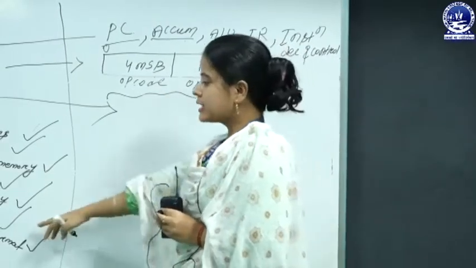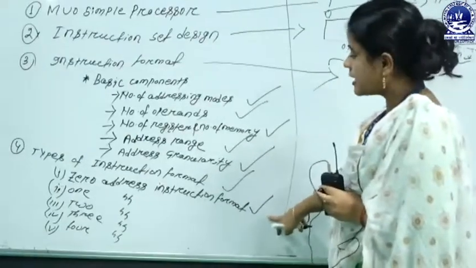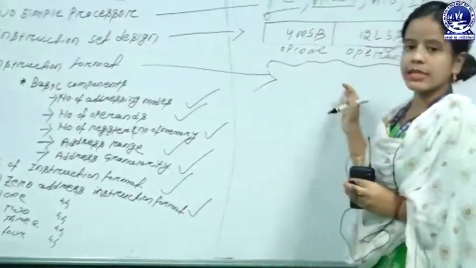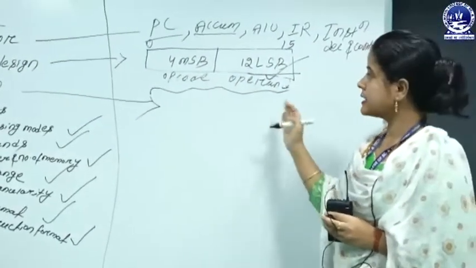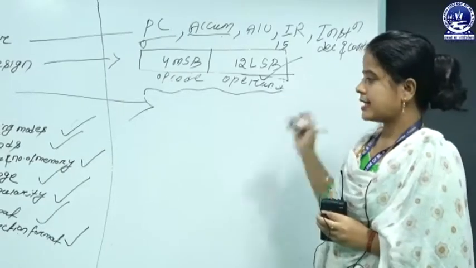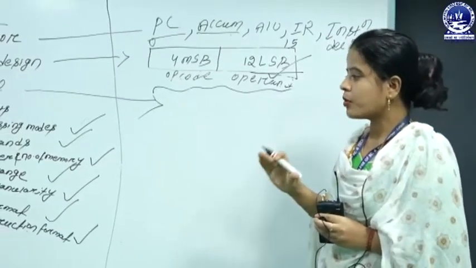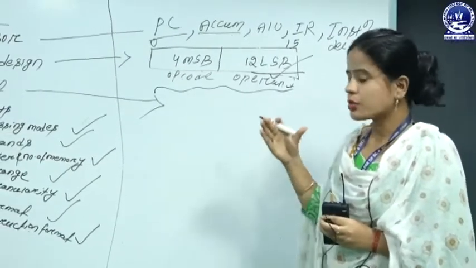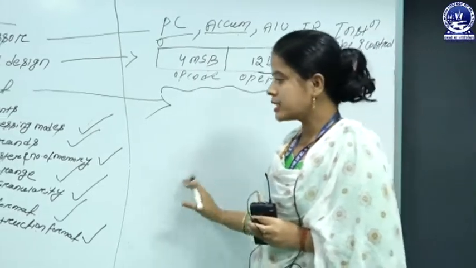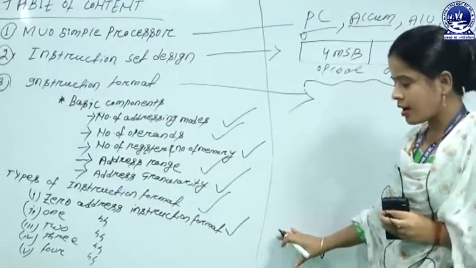So generally the zero address instruction format is used in stack based computer systems where there is no address field assigned. Now let's take an example of how different jobs are executed by using zero address instruction format.